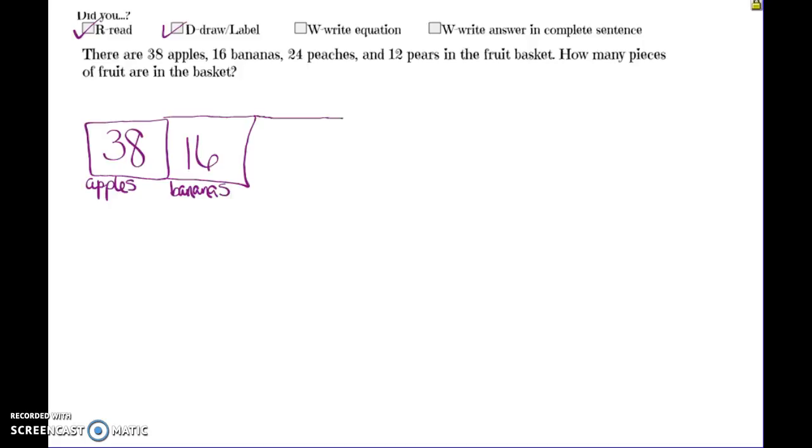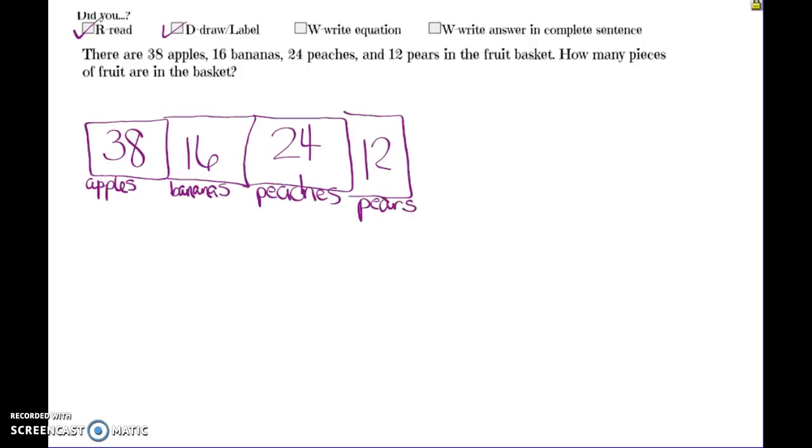I know that I have 24 peaches, and label. And then I know that I have 12 pears. Go ahead and pause the video while you get your drawing caught up.